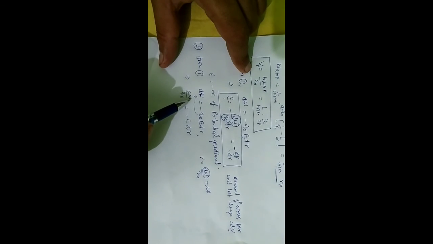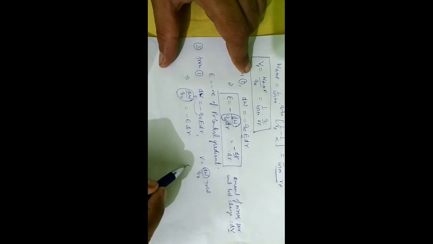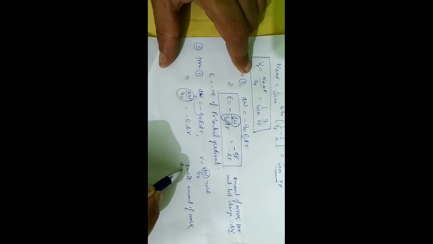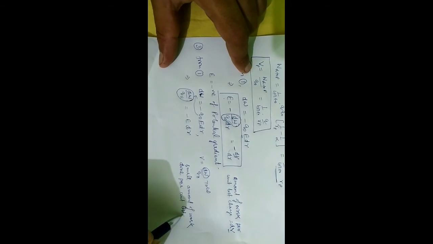Now what is this one? This is your small amount of work done per unit test charge. So it is small electric potential, that is dW divided by q naught.